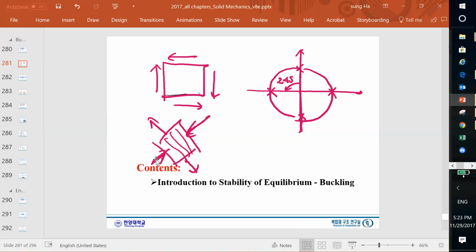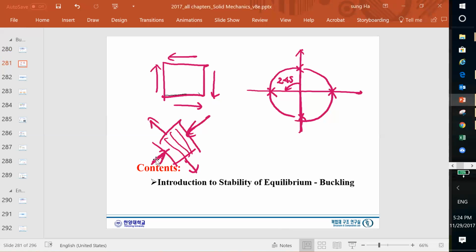Another one is like this, these structures, and I apply what? I apply torque. I'm applying torque. Let's see what's happening. This way is the buckling, right?